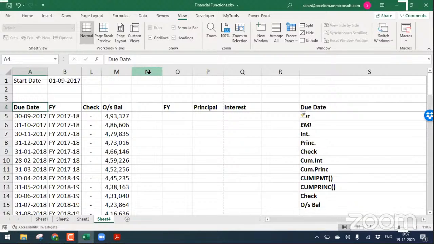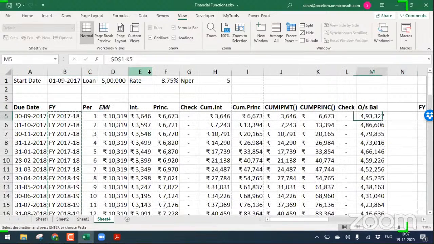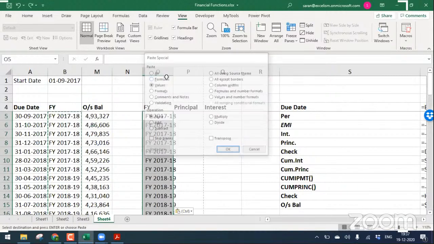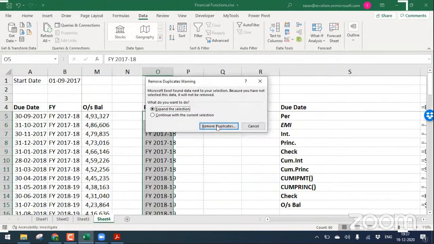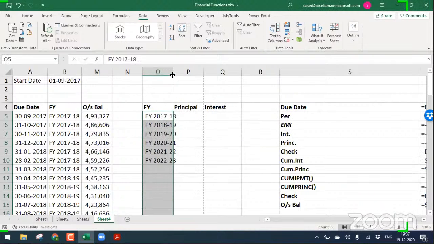That's a different story. So if I want to have the financial year, then let me copy paste special value here. I can simply go to the Data tab. Let me remove the duplicates so that all the financial years will come. Click OK. Great.